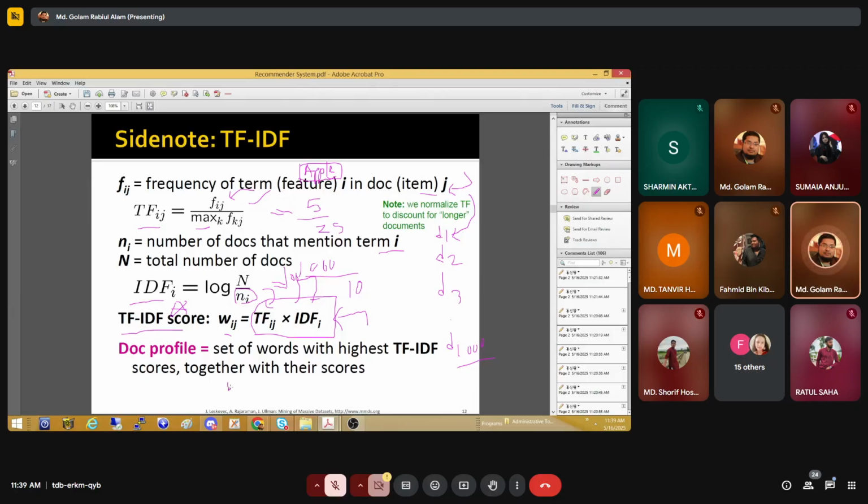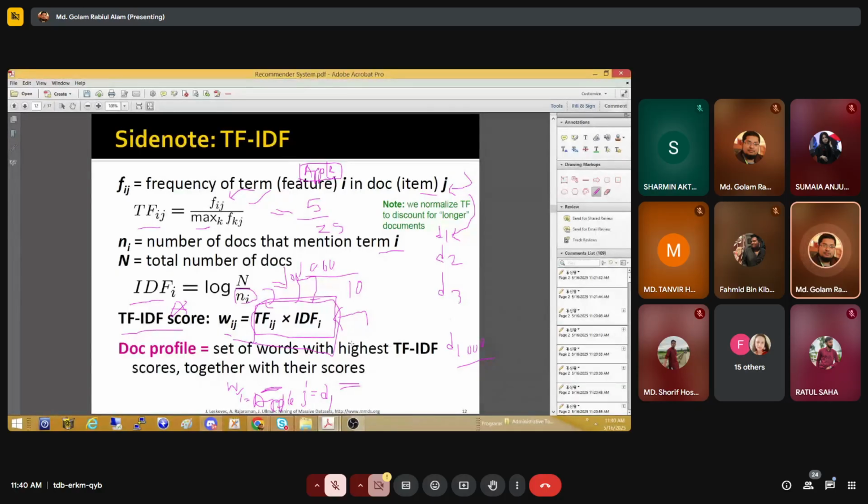So W_ij is for a given term like apple, where i is apple, and j is maybe document one, and we will get the value for that here. In this way, we will get the TF-IDF for each and every term for each and every document. Then that will be our feature vector.